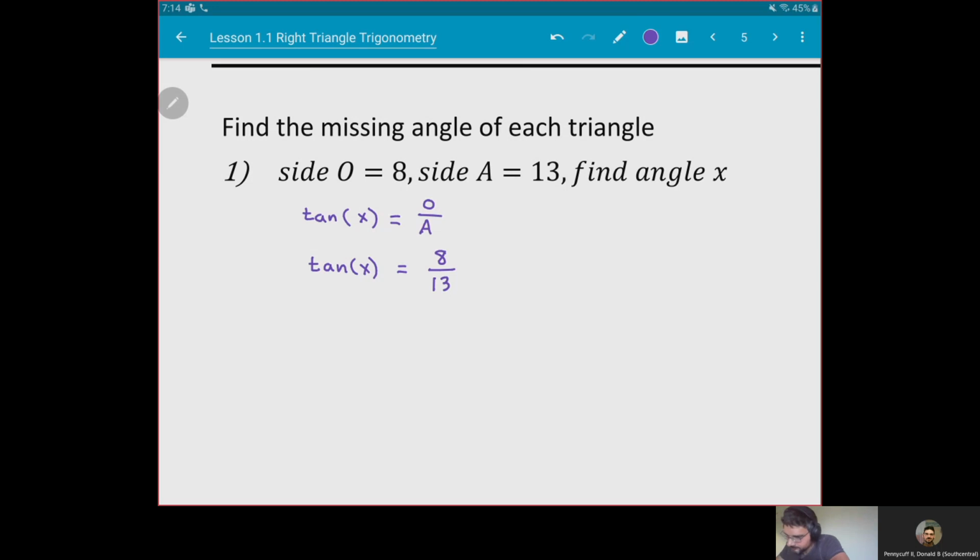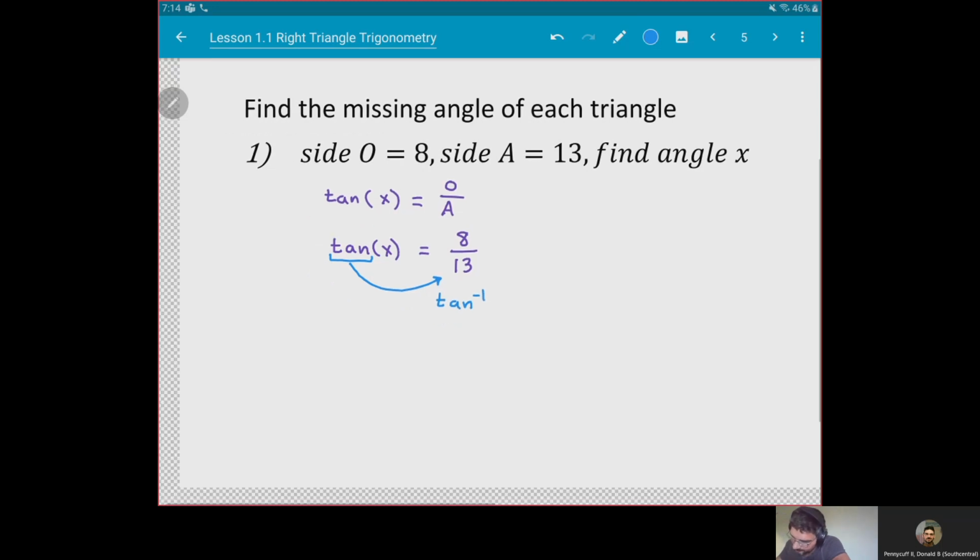Okay. Now, when it comes to trig functions, when you move just the trig part to the other side, not the angle as well, that's when it becomes the inverse. So that's going to be tan inverse.